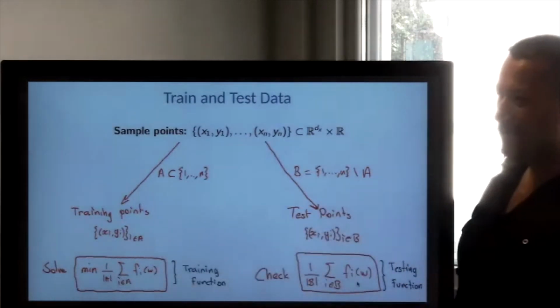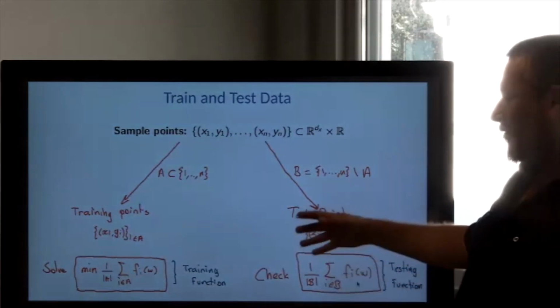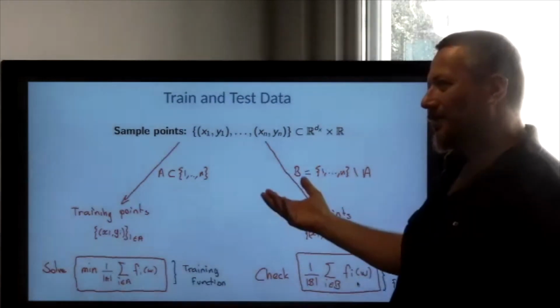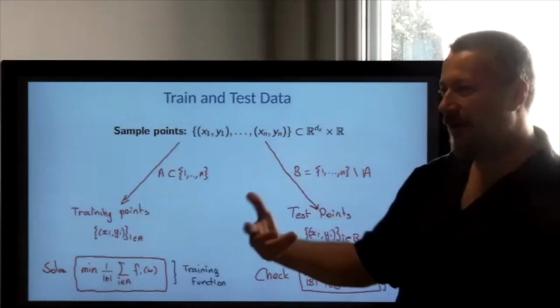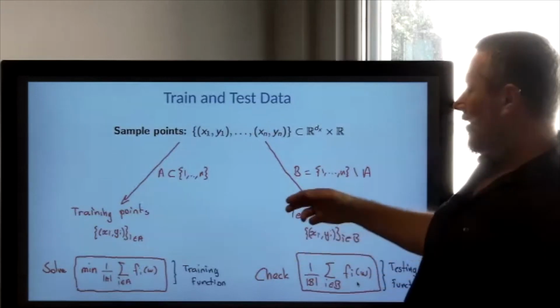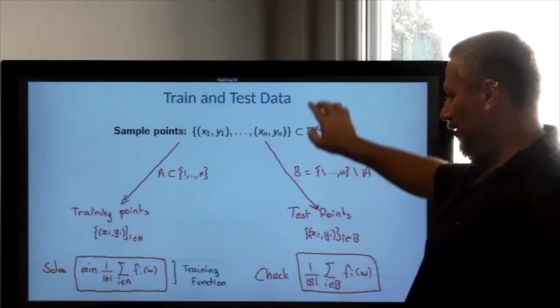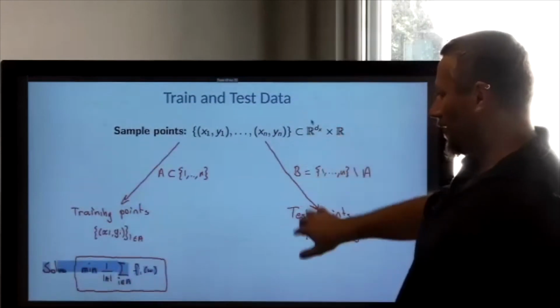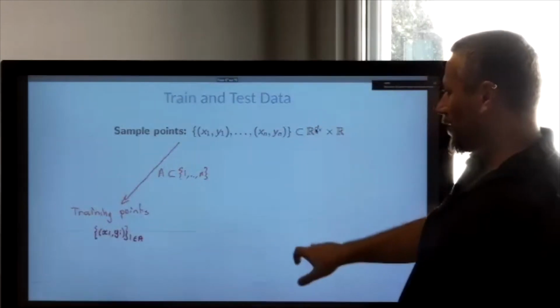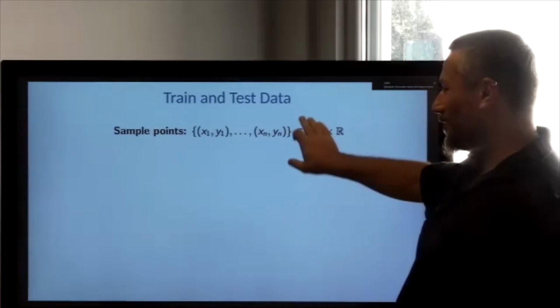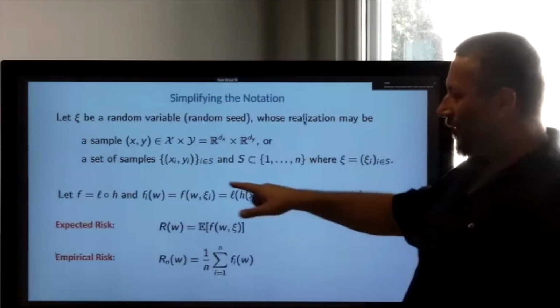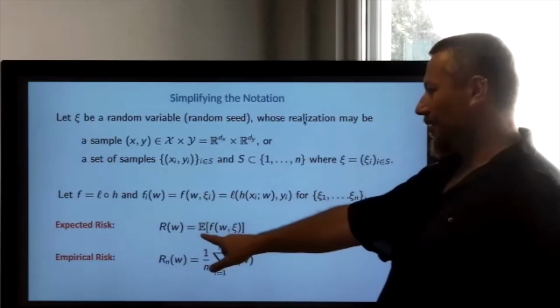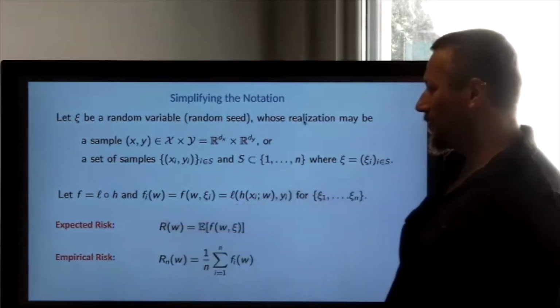That's our problem, and this tells you how good of a generalization your model has, and how close you are to the real solution of the real problem, which is the minimization of the expected risk.